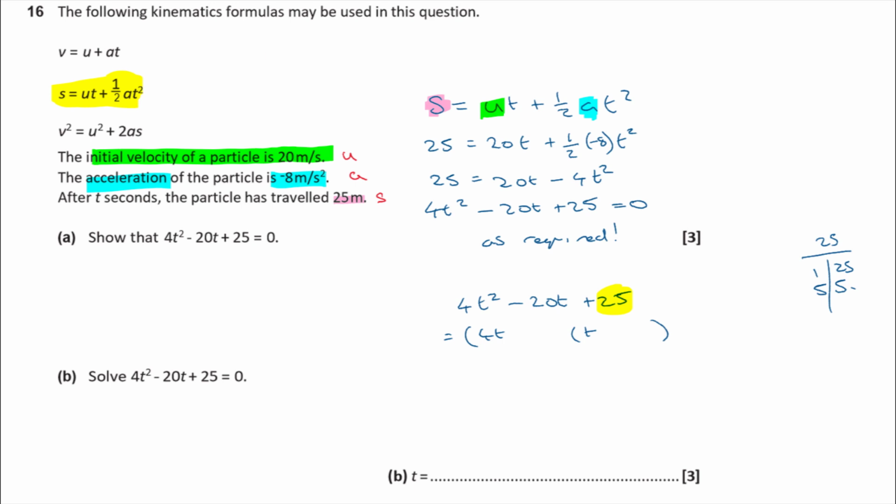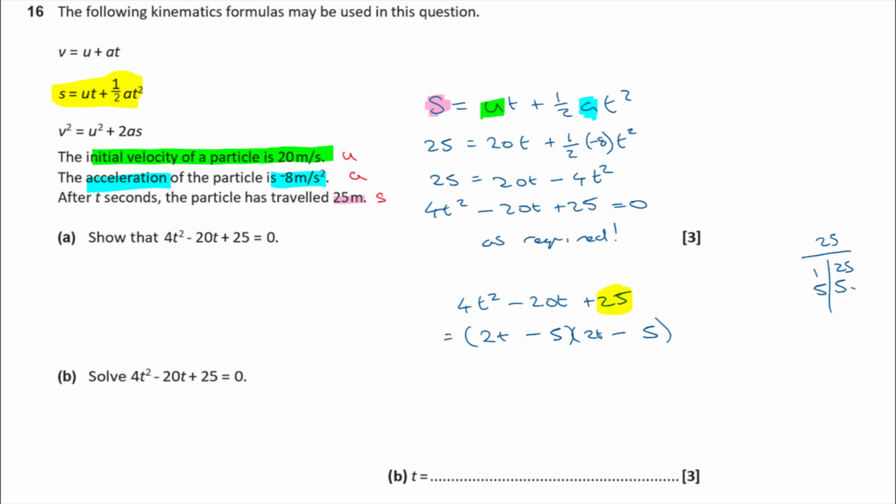But I'm going to try instead 2t and 2t. Actually, that might work. If I put the 5 in and the 5, and then make them both negative, that's going to give me the positive 25 at the end, when negative 5 times negative 5 is positive 25.